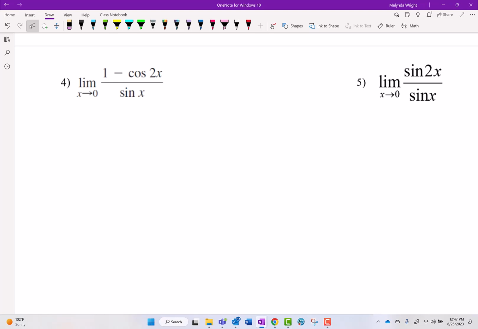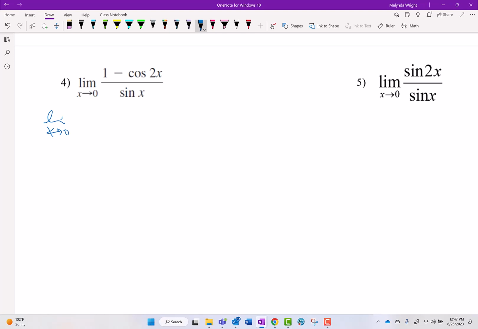So instead, what I would do on this one is I want to use my limit laws, and I want to split this apart because I'm always thinking about how I can use the special limits.